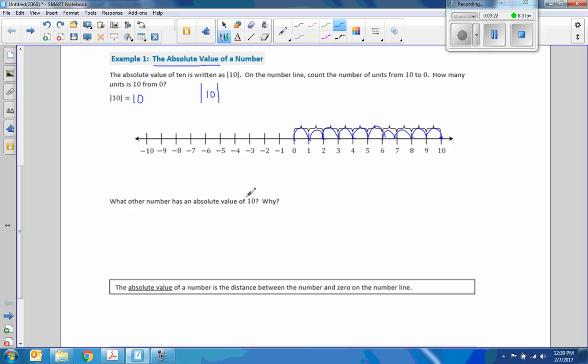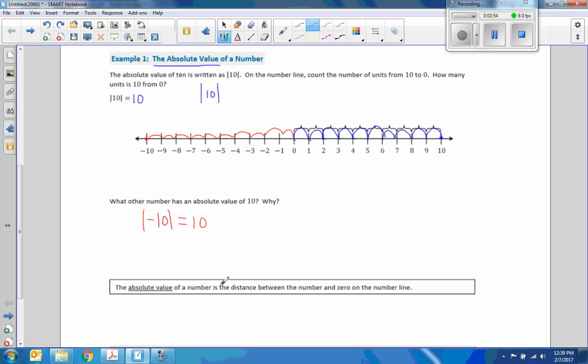What other number has an absolute value of 10? Well, here's 0. If I can go to the right 10, I can also go to the left 10. So if I go 1, 2, 3, 4, 5, 6, 7, 8, 9, 10, now I'm here. This distance is also 10, so negative 10. And if I take the absolute value of negative 10, that simply means how far is negative 10 from 0? The answer is also 10.